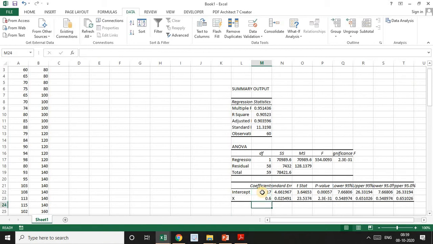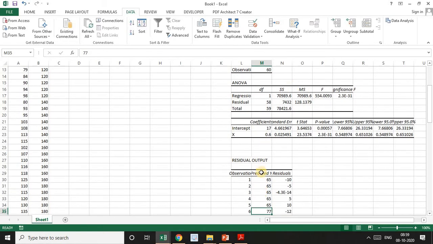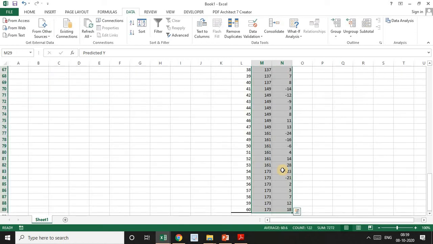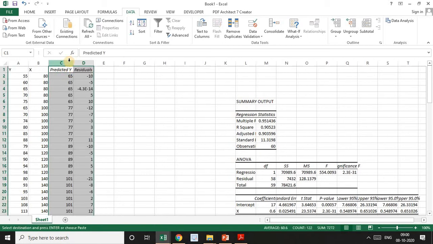Okay, and when you drag down, you can see there is a predicted y and residual y. That means Excel will automatically generate the residual as well as your predicted values. So what is this predicted y? Your y cap. Residual means what? Sorry, u cap.